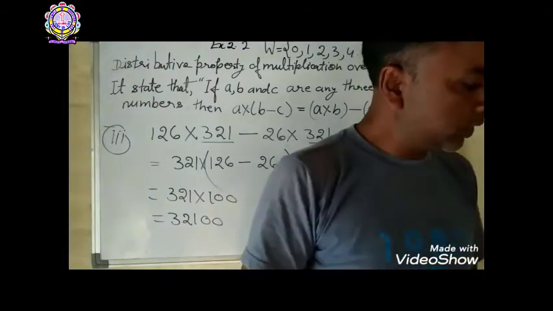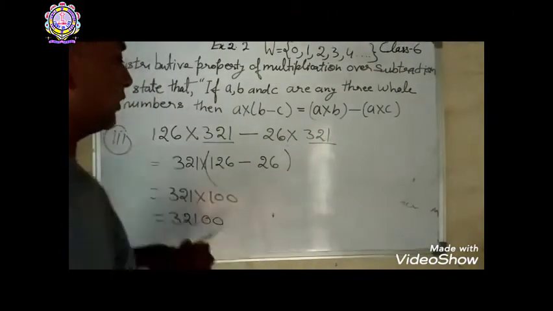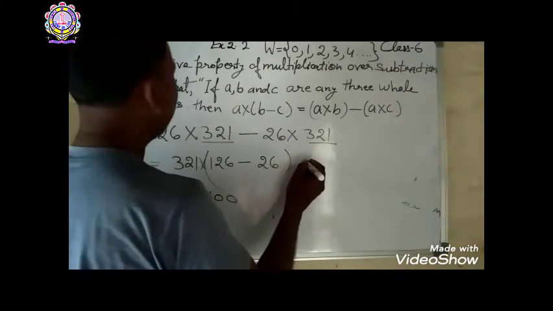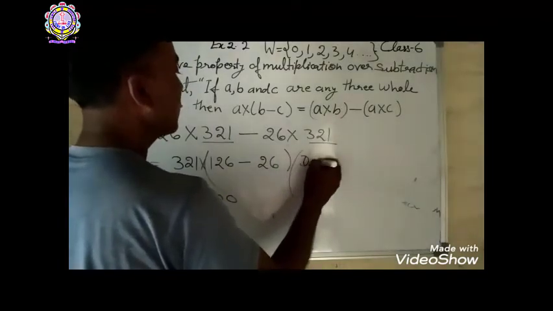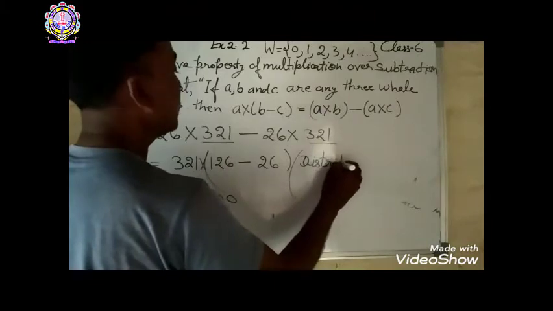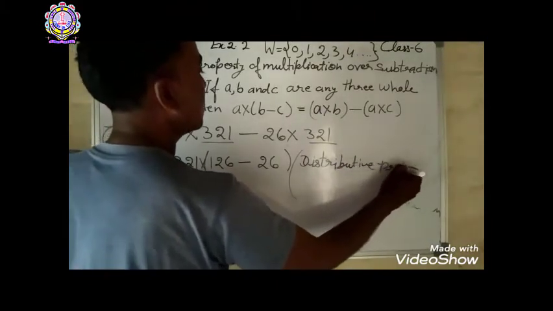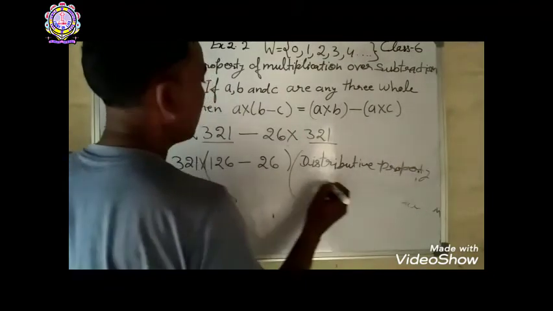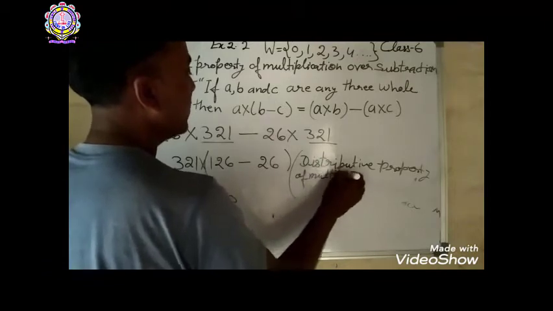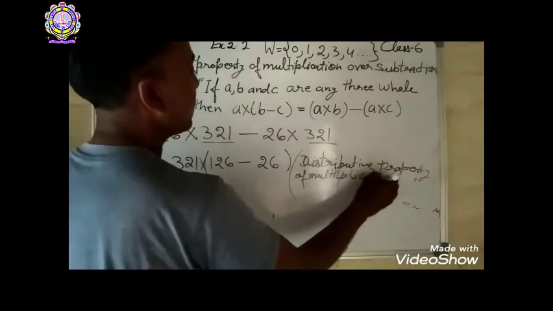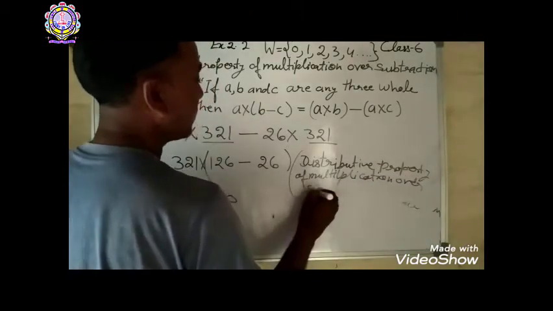Hence, using the property, find the product. So here we write the property. What is the property? In the bracket, distributive property of multiplication over subtraction.